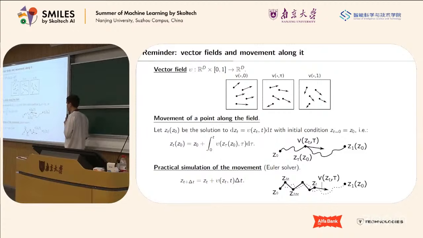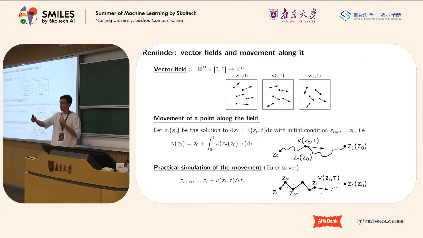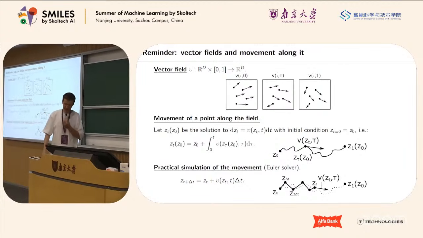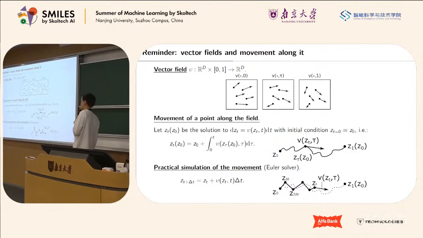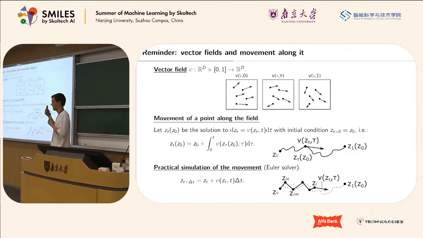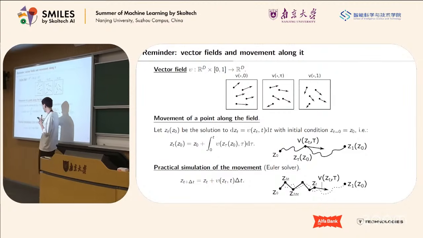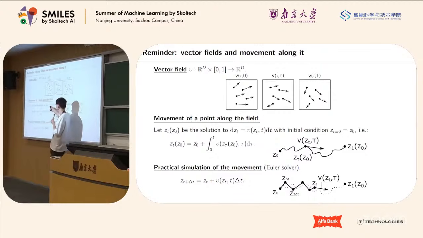If we have a vector field, we can define the movement of some point along the vector field. Basically, if we put some unit mass point in this vector field, how will it move, if this vector field is its speed vector which defines the movement? This movement along the vector field is usually described in two forms, integral form and differential form.